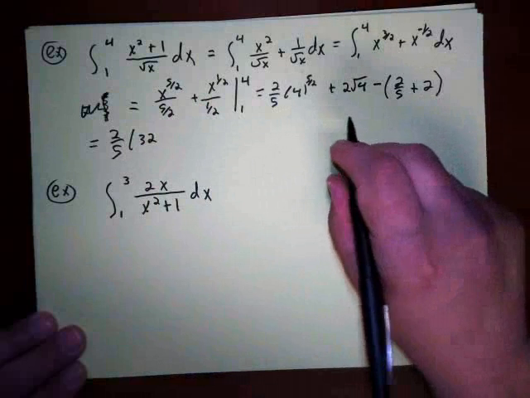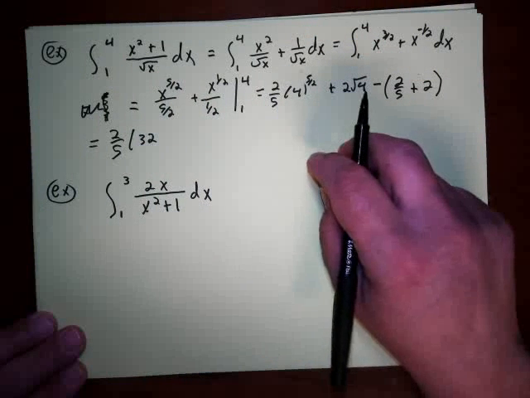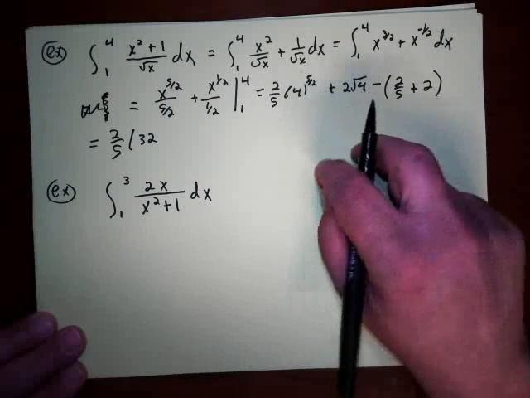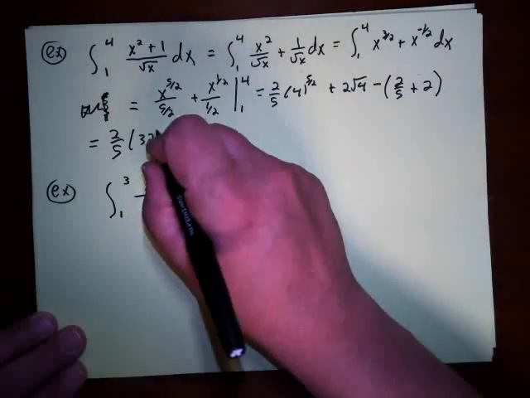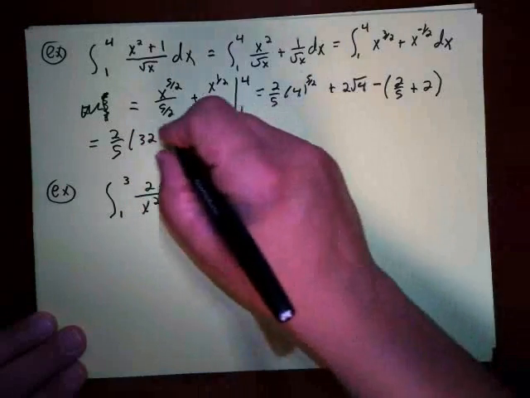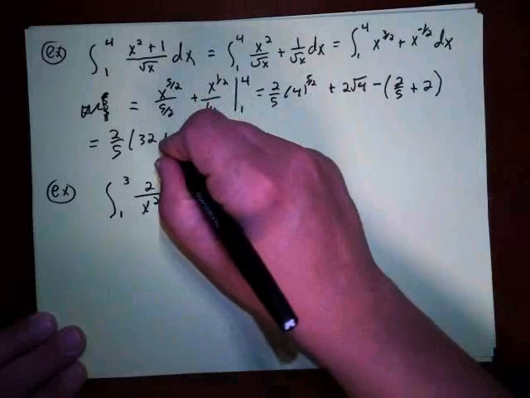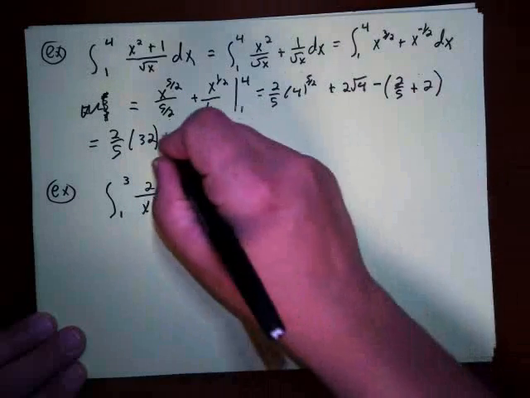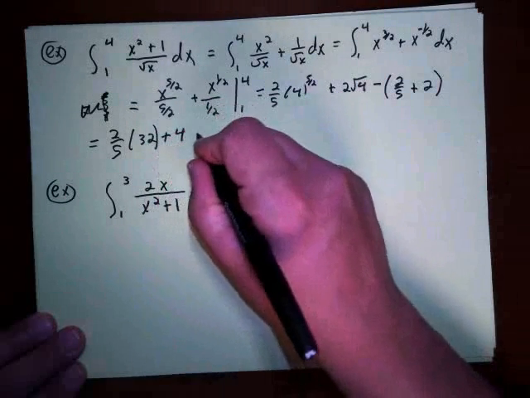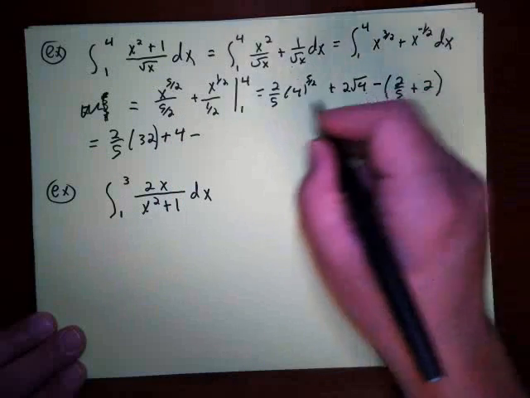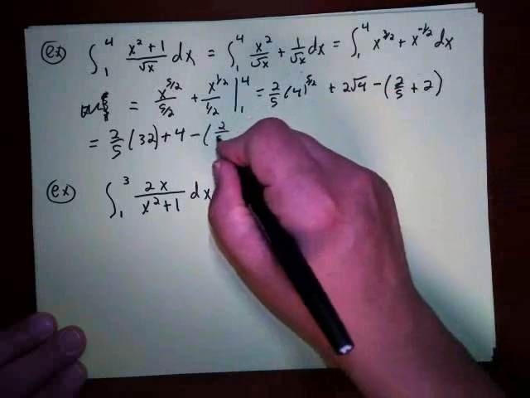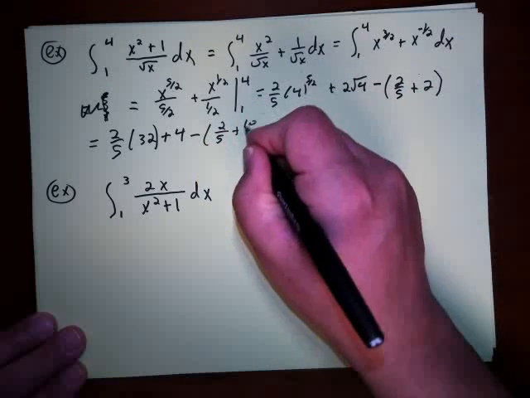Let me make sure that's right. Yep. And then this would just be 2, so this would be plus 4. So 2/5 times 32, and this would be plus 4, minus 2/5 plus 10/5.